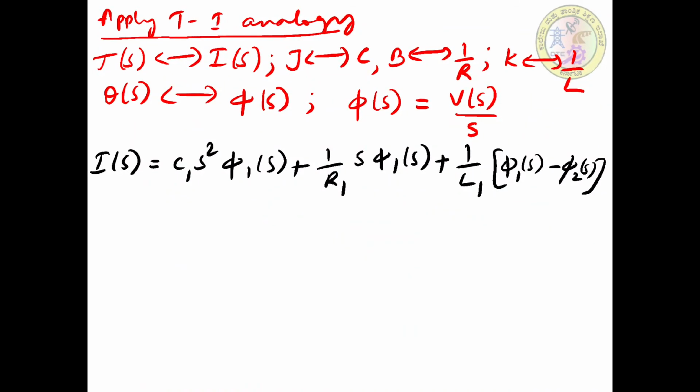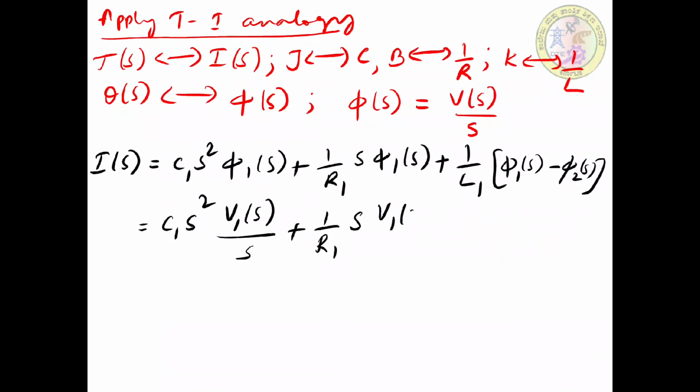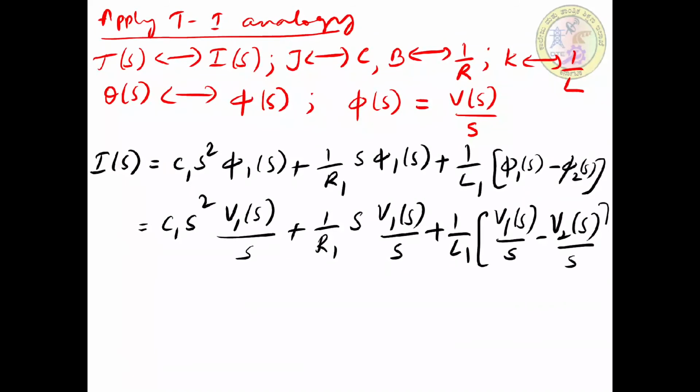Okay, so here itself I will replace phi by v of s by s, so that we will get a simplified equation: C1 s squared into phi 1 will be replaced by v1 of s by s, plus 1 by R1 s into v1 of s by s, plus 1 by L1 into v1 of s by s minus v2 of s by s.